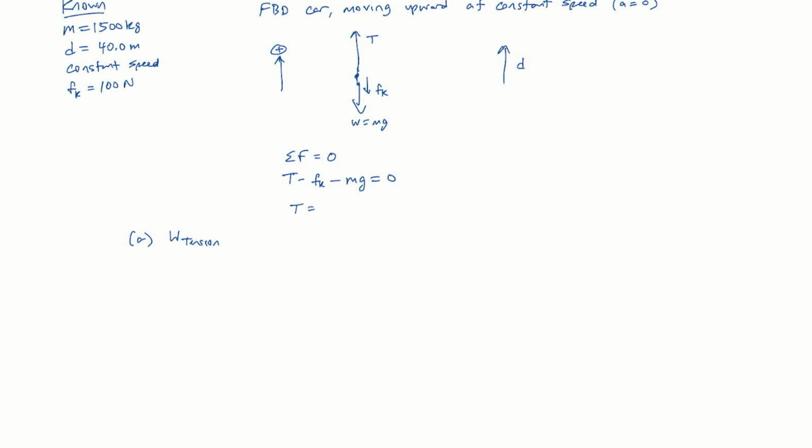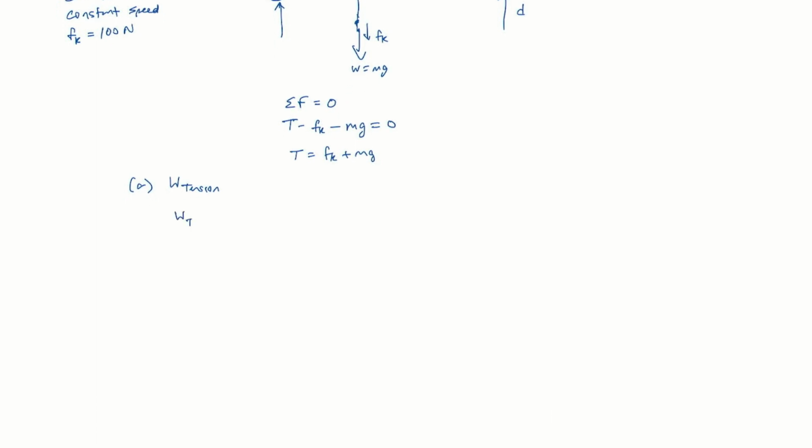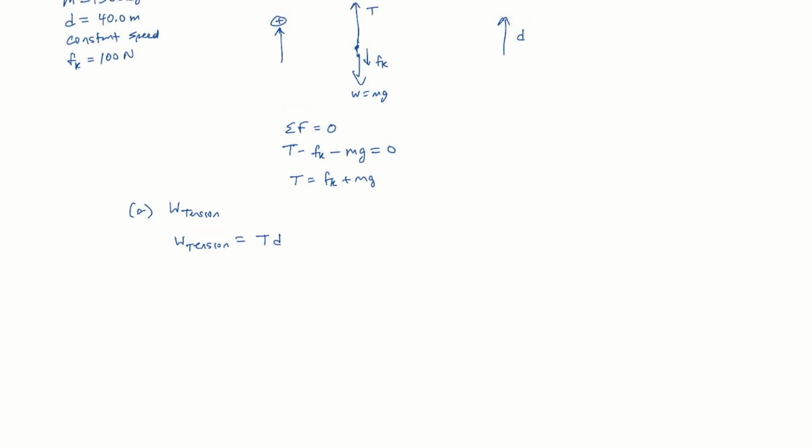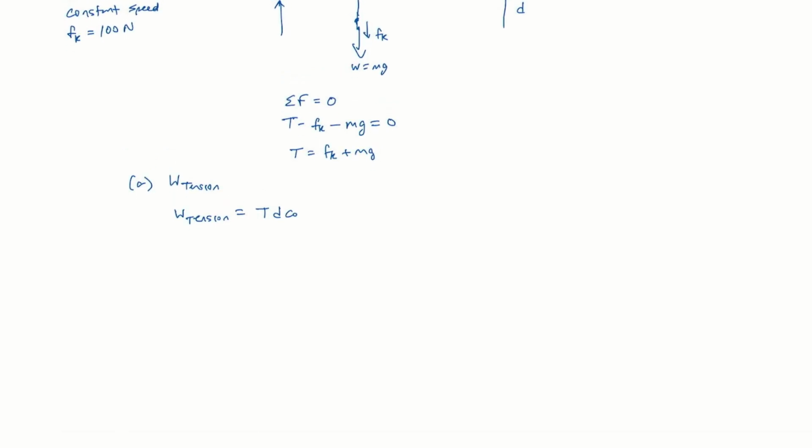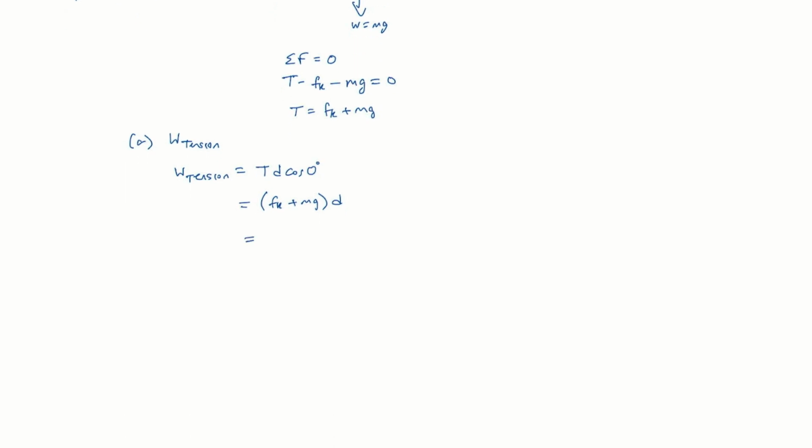So the friction force plus the mg. All right, and so the work done by tension will be the tension times the displacement. The tension is up, the displacement is up, and so we will have a cosine of 0 degrees. Tension is going to be friction plus mg times d, and cosine of 0 is 1. The friction is 100 newtons.